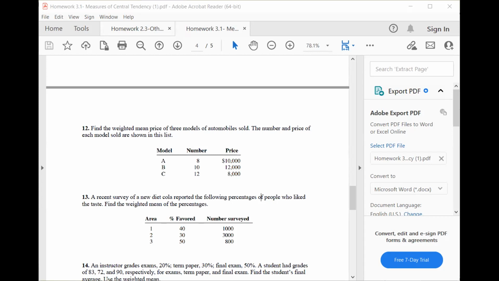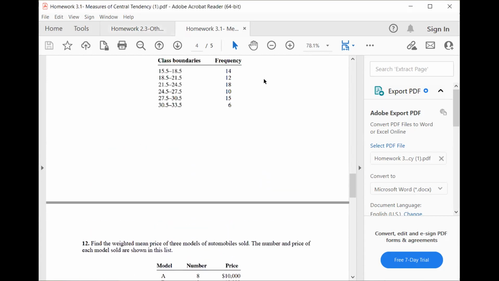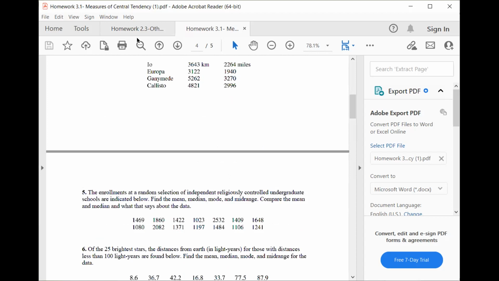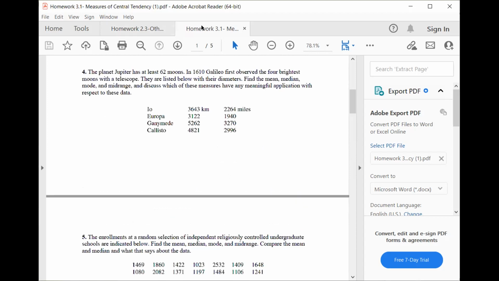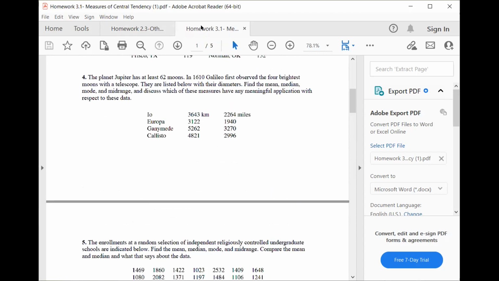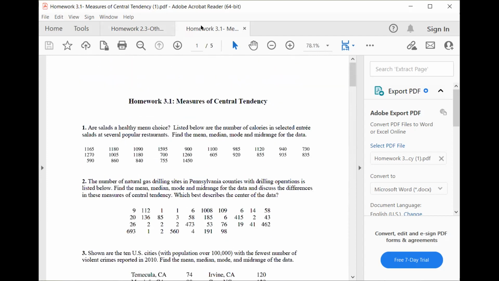Let's take a look here. Let me switch homeworks. 3.1. Okay, so here we are. Oops, I think this is 3.2. Am I wrong? Maybe not. Oh no, we are. So it says, are salads a healthy menu choice?